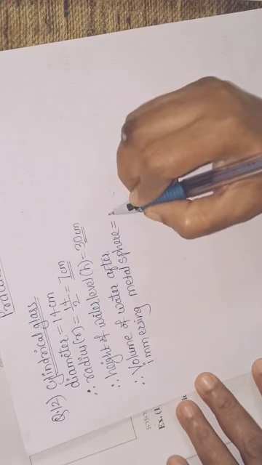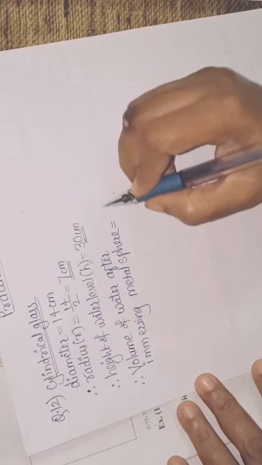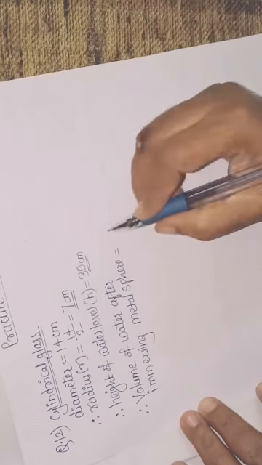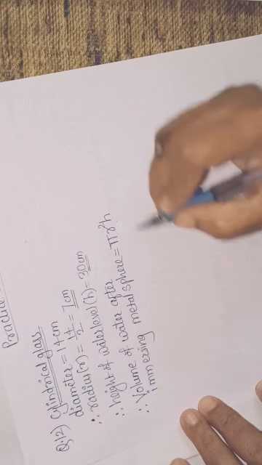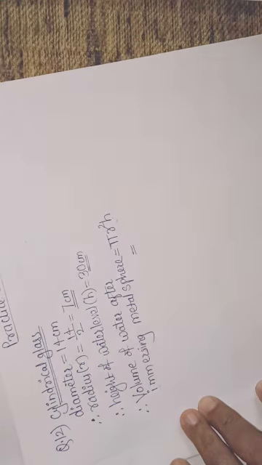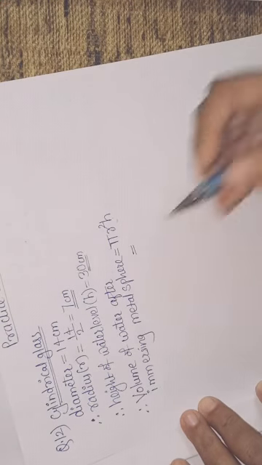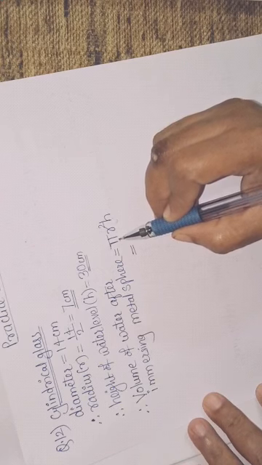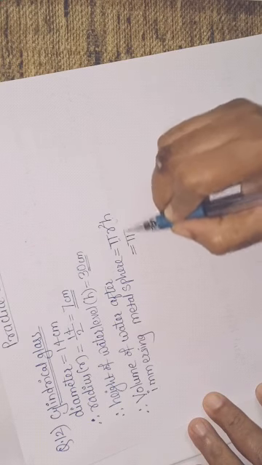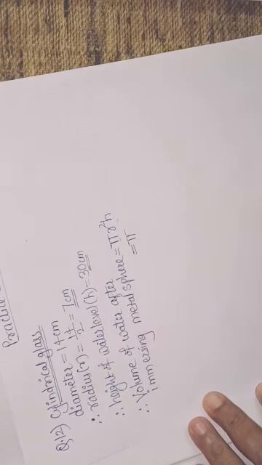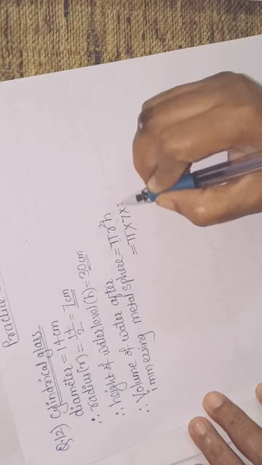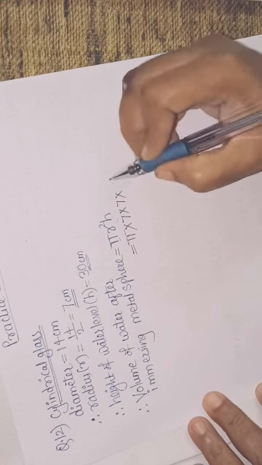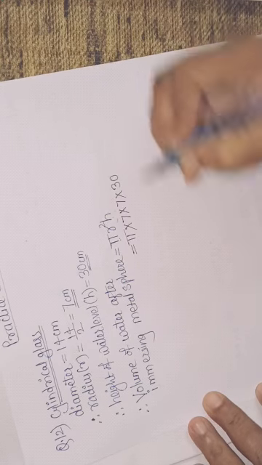is equal to, it is cylindrical shape, so the volume of cylinder formula we have to apply, pi r square h. So here pi kept as it is, radius we have to take 7 centimeters, so 7 into 7, and height is 30 centimeters.